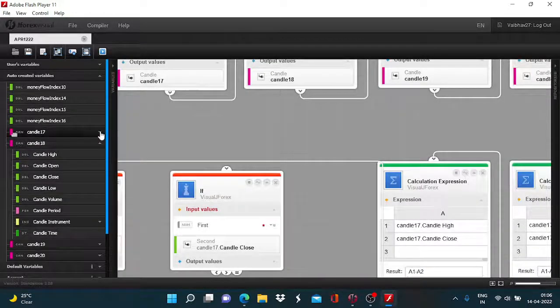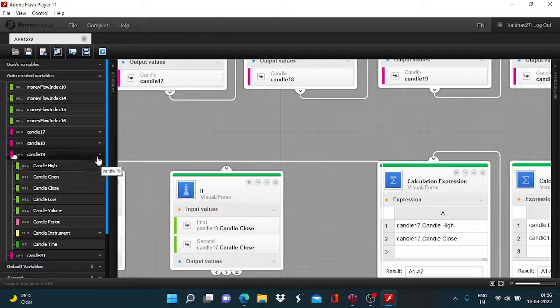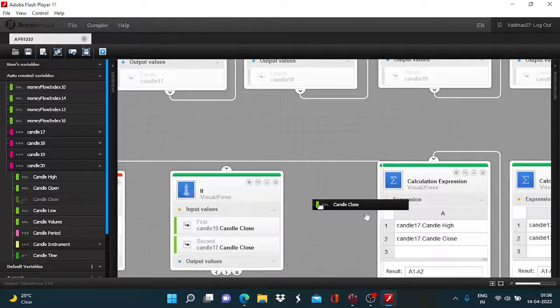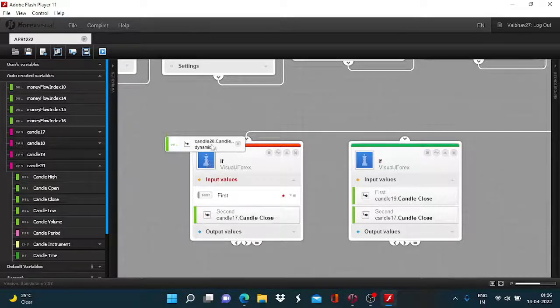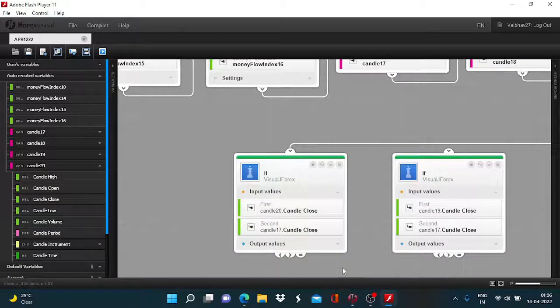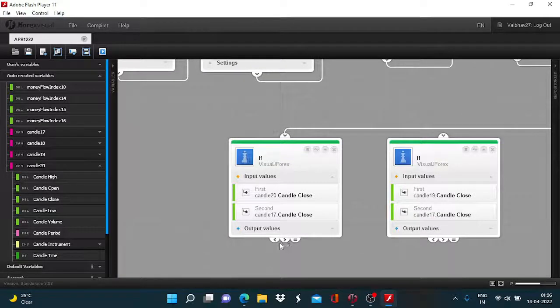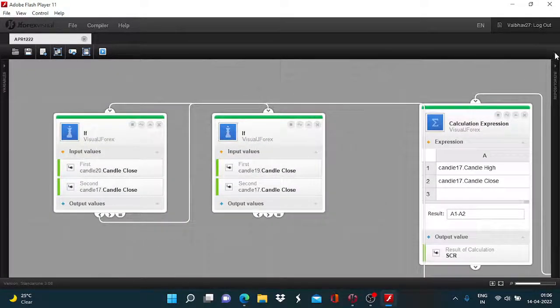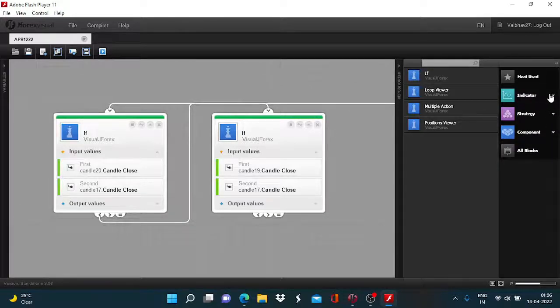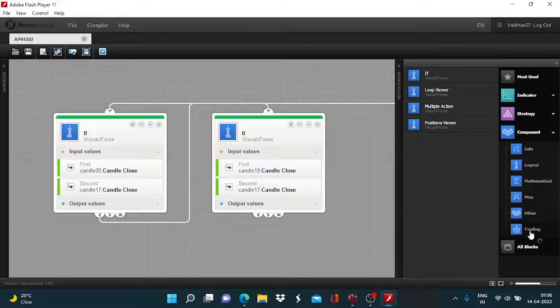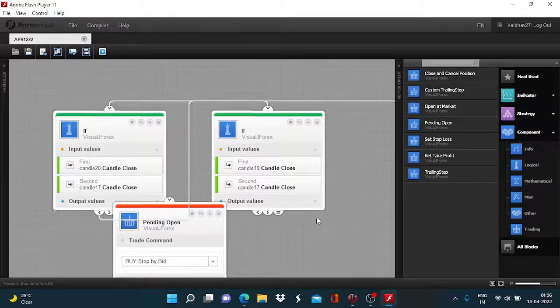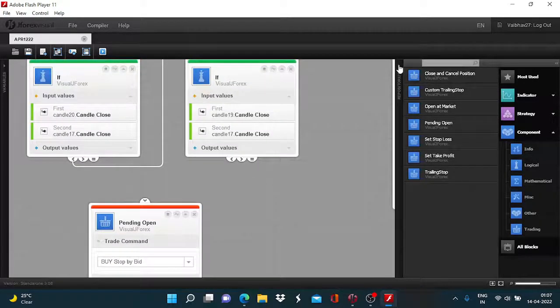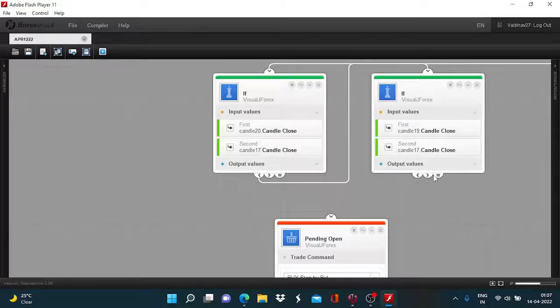So, all right, 20 should have closed on the lower side, so first input less than second input, and after that we get in the pending open trading component, there is going to be a limit order. First input greater than second input.